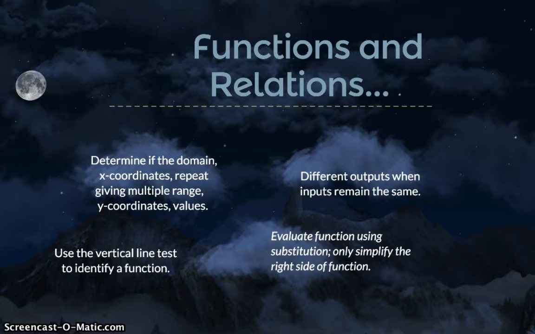You may draw a quick graphical representation and use or visualize the vertical line test. And finally, to evaluate functions, you just have to substitute the input, the x-coordinate, into the function and simplify only the right-hand side of the function to find the y-coordinate. Remember, it goes from an equation to a function, and you simplify expressions.